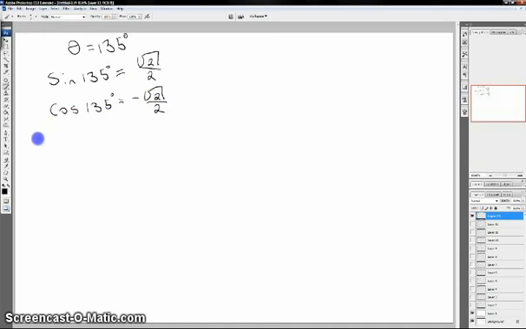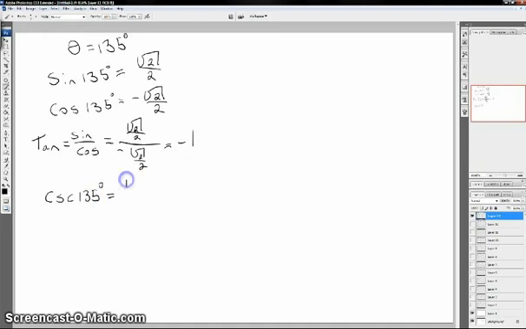Tangent is actually equal to sine divided by cosine. So you can find tangent by dividing the sine by cosine. So that's going to be root 2 divided by 2 divided by negative root 2 over 2. That's just going to be equal to negative 1. I can find cosecant of theta.